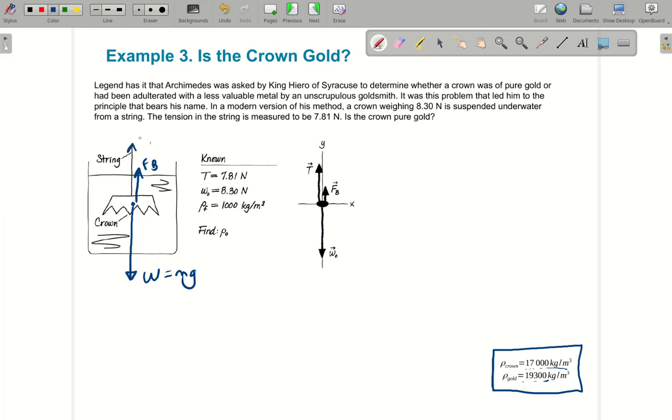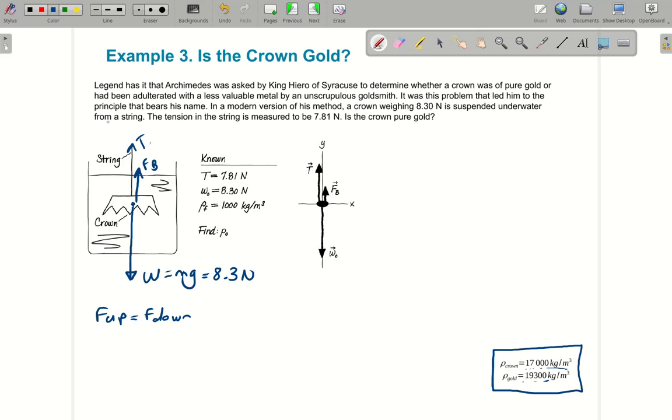And I'm going to read the tension here according to equilibrium. If this is hanging here, not moving, F up is equal to F down, equilibrium. Alright, and I know the weight. I weighed it outside, and it's equal to 8.3 newtons.